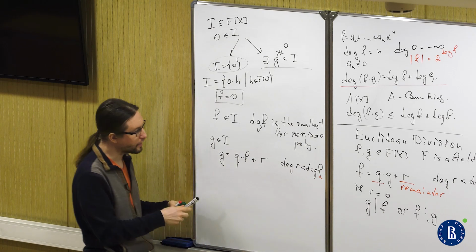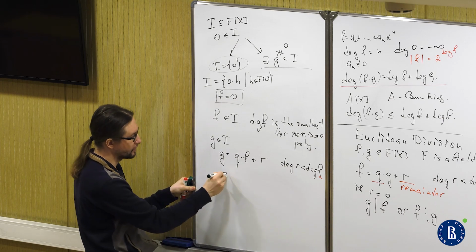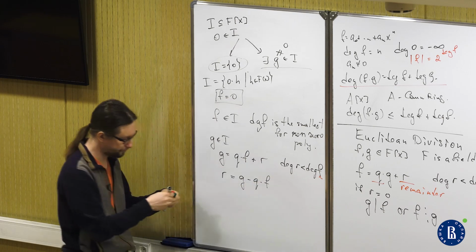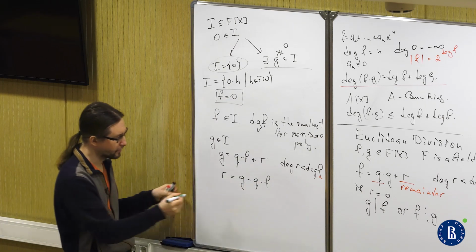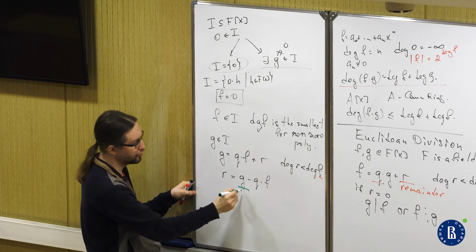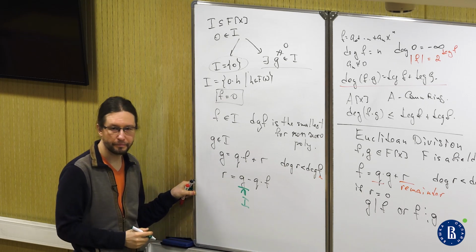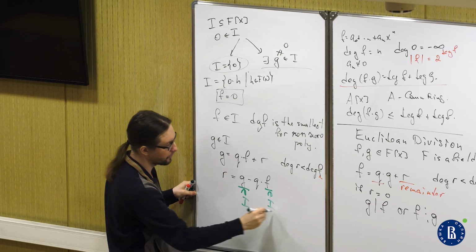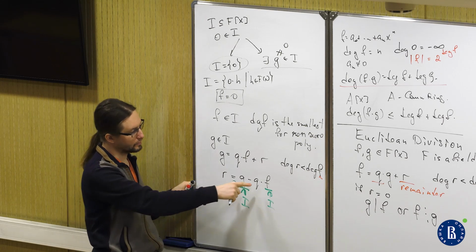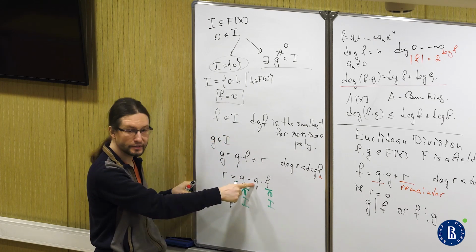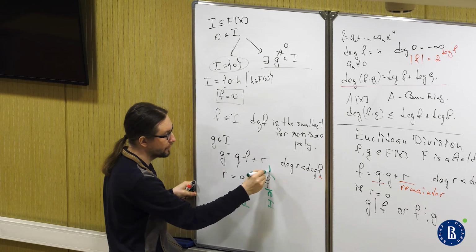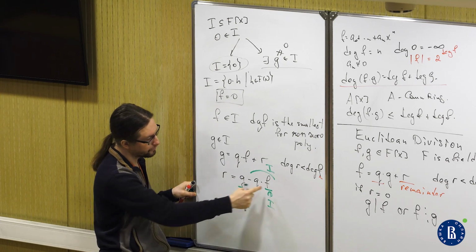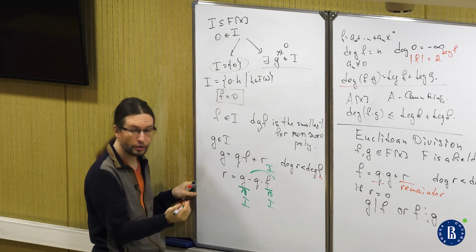Now, if we rewrite this equality as r equals g minus q times f, then by the choice, g belongs to I. Again, by our choice, f belongs to I. Since I is an ideal and q is an arbitrary polynomial, then this product is also in I. And since I is an ideal, the difference between two elements from the ideal is also inside the ideal.